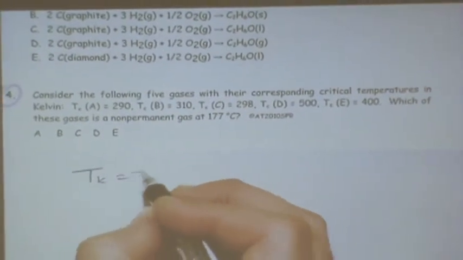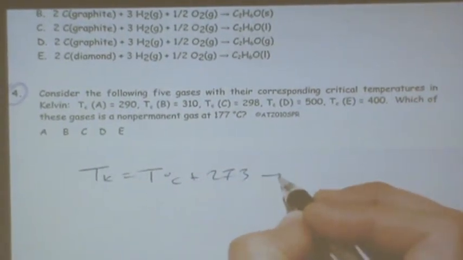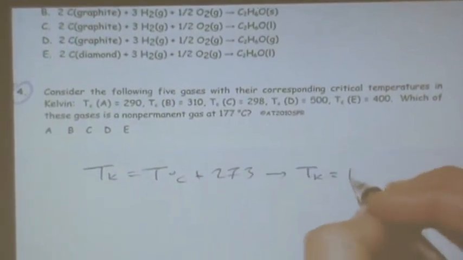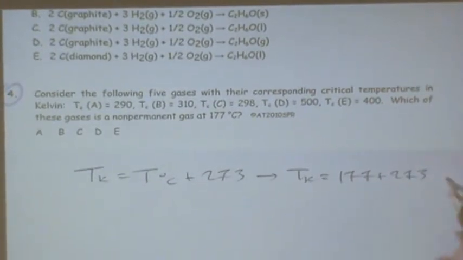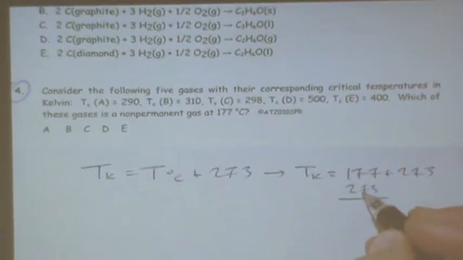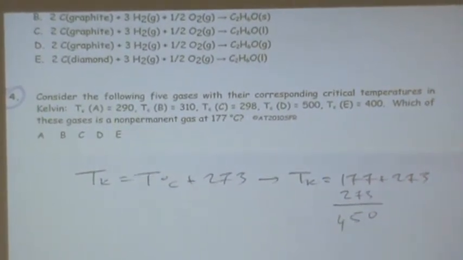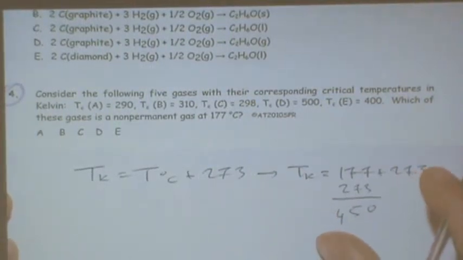Temperature in Kelvin is equal to temperature in degrees Celsius plus 273. That means temperature in Kelvin of 177. It will be how much? 450, right? Did I do right? Okay, 450.